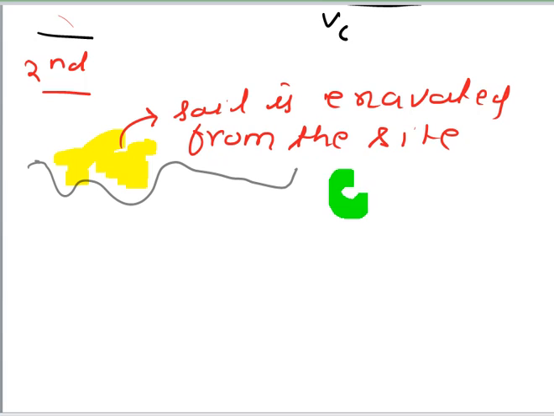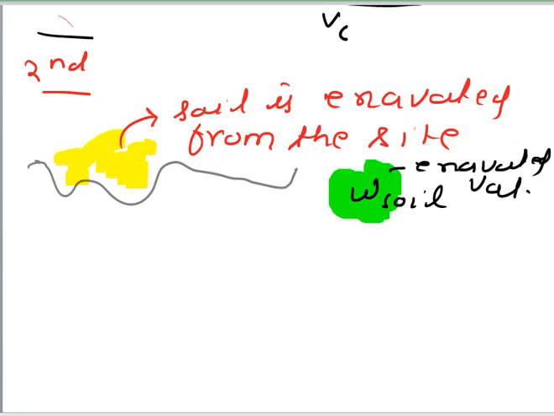Let this be the excavated soil, and its weight is W soil.